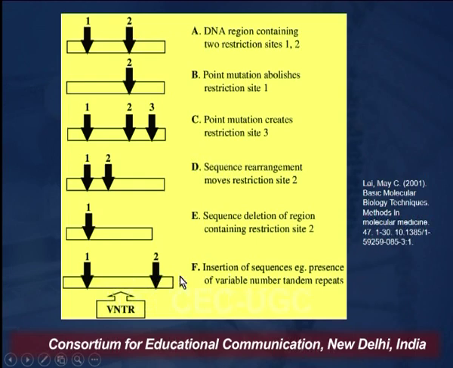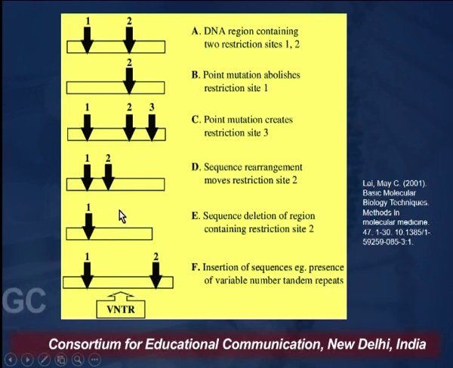So, when we run it on agarose gel electrophoresis, we will observe different length fragments on the gel, and therefore you will have a different print for each of the different DNAs that we are studying. So, these are the creation, abolishing or displacement of restriction enzyme recognition sites.